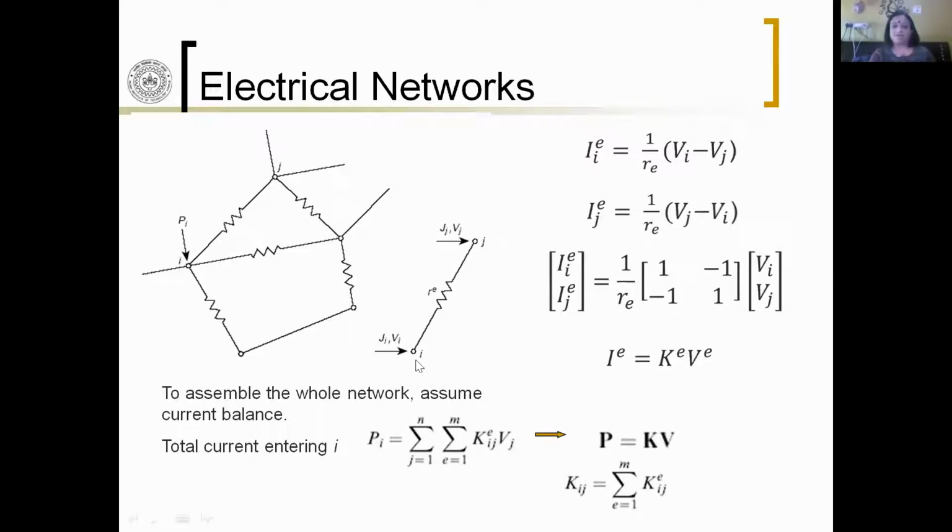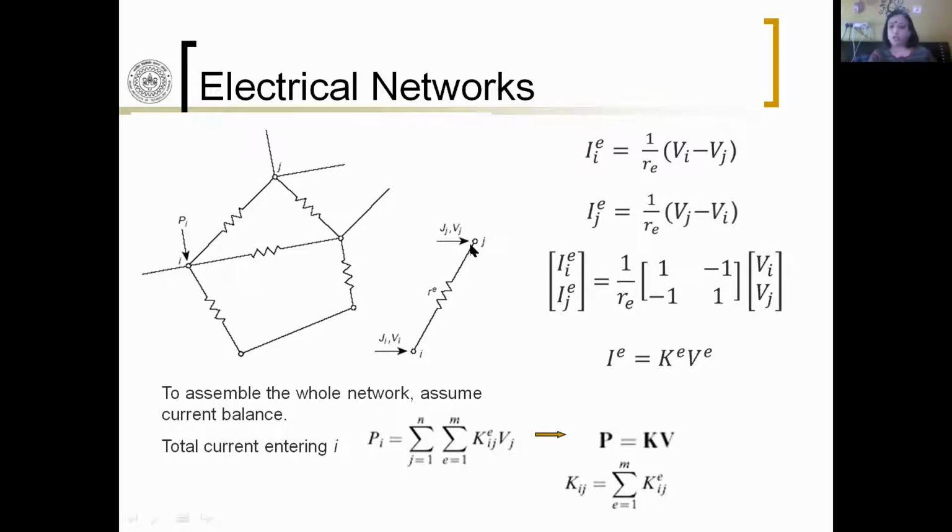I have two nodes, I and J. Read this J as I; this is again a typo. So I have current IJ flowing in at point J, and I have current II flowing in at point I. And I also know that the potential at node I is VI and the potential at node J is VJ.